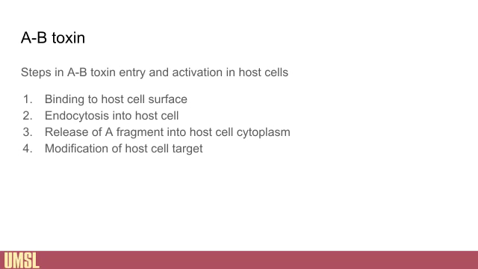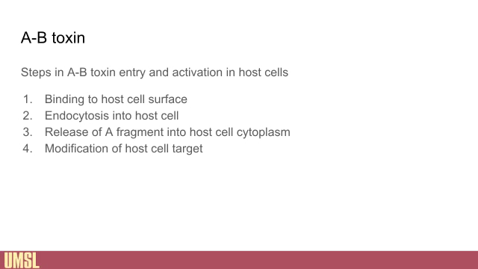And just to review, what is an AB toxin? These are two-component toxin systems. There's basically a binding domain and an enzymatically active biochemical domain. The B, or binding, subunit facilitates binding of this toxin complex to the host cell surface.